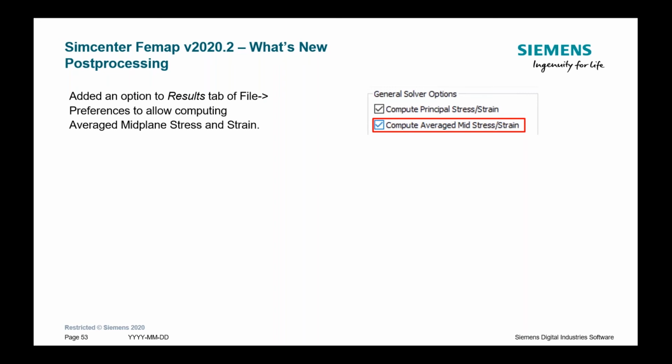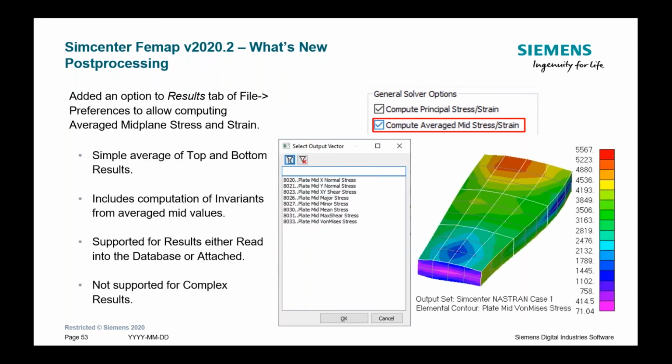We had an API that did this, but we took what that API did and brought it natively into Femap. It's on the results tab of file preferences if you want mid stress strain results. Essentially what you end up getting is output vectors in the 8,000 range, which represent an average of the top and bottom.